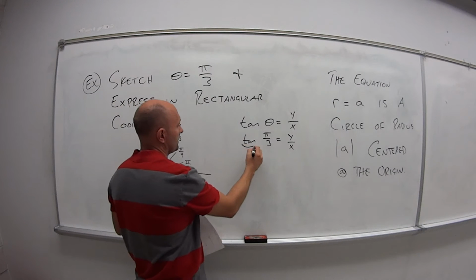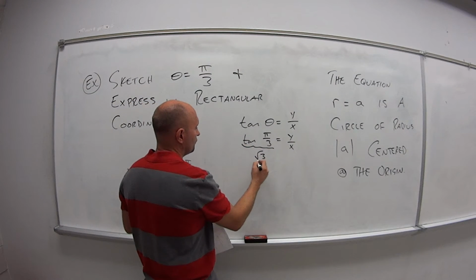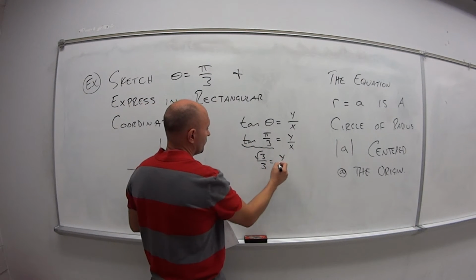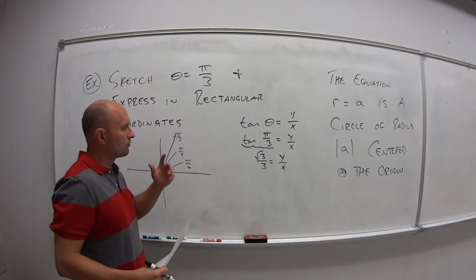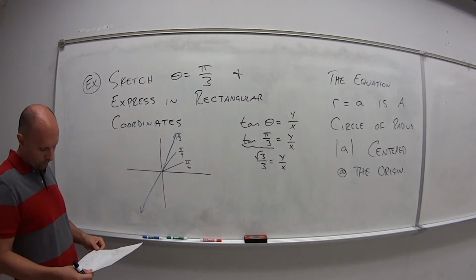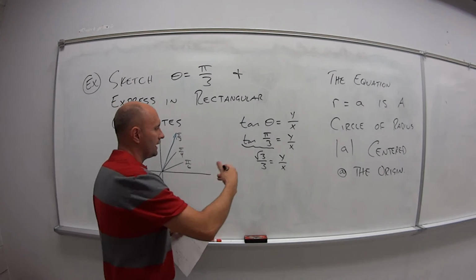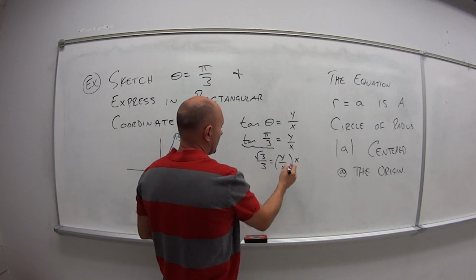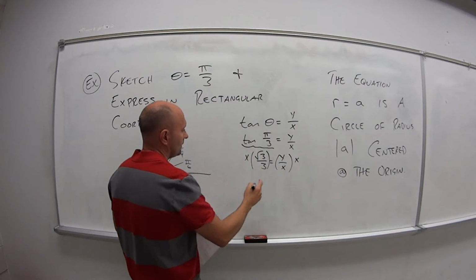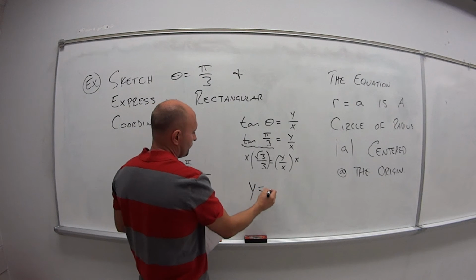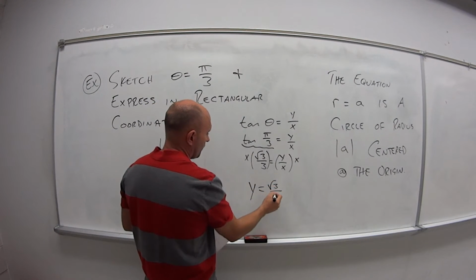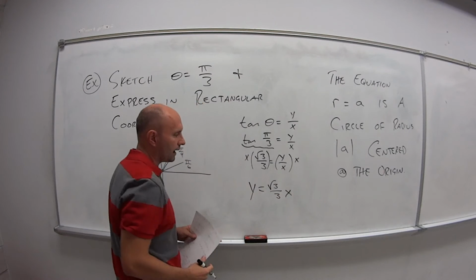And tangent of pi over 3 is equal to what? Well, this is equal to square root of 3. So that means square root of 3 is equal to y over x. If I want to get y by itself, I need to multiply both sides by x. And that gives me that y is equal to square root of 3 times x.